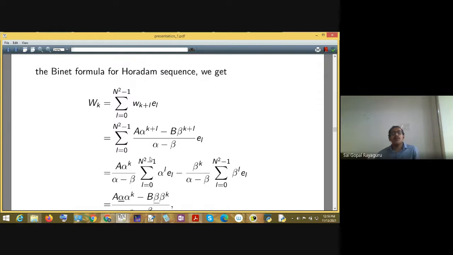That is one of our mottos. So we consider the kth element of the Horadam symbol elements and express them in the usual form that we considered. Then since our small w_{k+l} is the (k+l)th Horadam sequence number, we replace the binary form in this place.